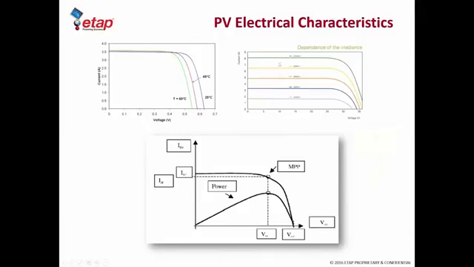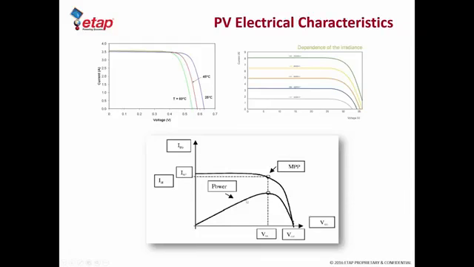There's also dependence on irradiance, which is basically the sunlight, typically in watts per meter squared. As we can see, from 200 to about 1,000, which is a theoretical maximum in the atmosphere, the current generated by the PV panels increases as you have more sunlight, so that's intuitive.